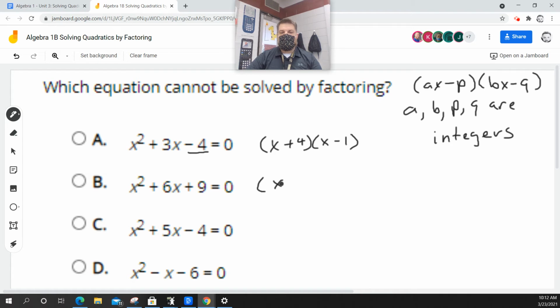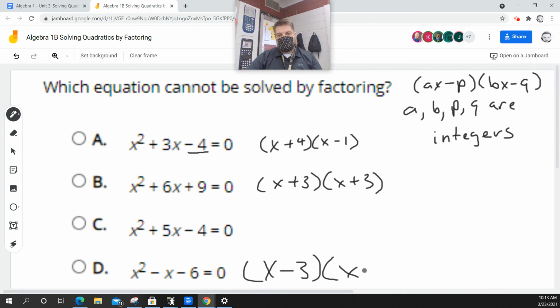This one's going to be (x + 3)(x + 3). This one is going to be 3 and 2. This one's going to be (x - 3)(x + 2), right?